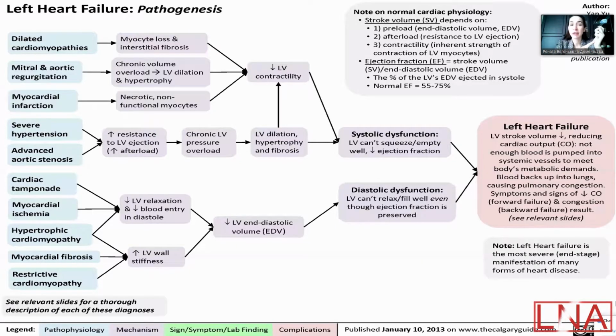Severe arterial hypertension and advanced aortic stenosis lead to increased resistance to left ventricular ejection due to vasoconstriction and increased total peripheral resistance.